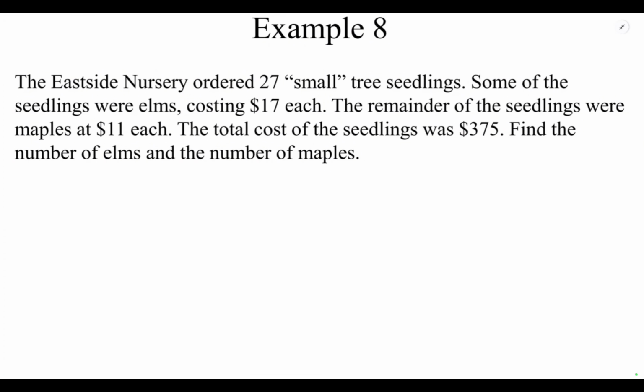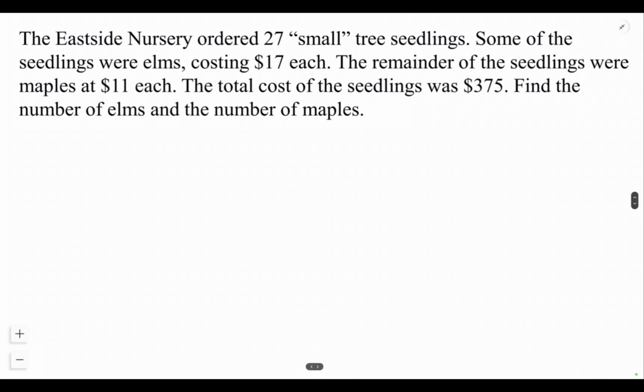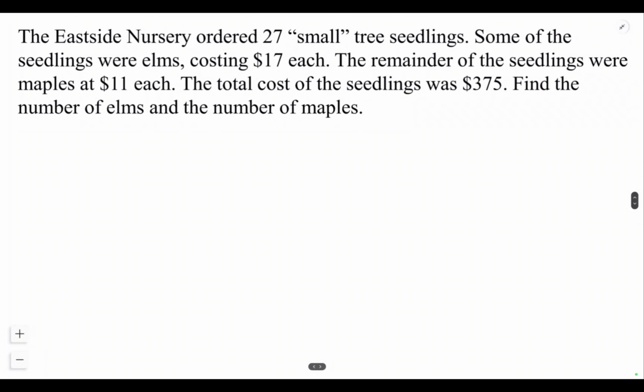So let's take a minute so we can write this out. Let's look at what we got. We have elms and we have maples. The first thing we're going to do is write what the cost of each is.